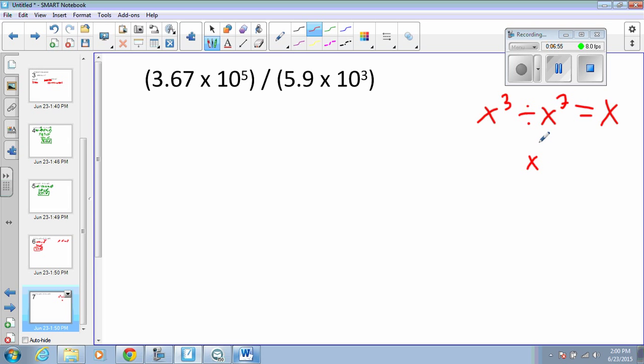You may or may not have learned why in algebra: x to the 3rd divided by x squared, where x squared is on the bottom. If I do the reciprocal of that, I've got x to the 3rd times x to the negative 2. When the 2 comes up, it becomes negative, and now with our multiplication rule, multiply those two together, you just get x. So it works the same.